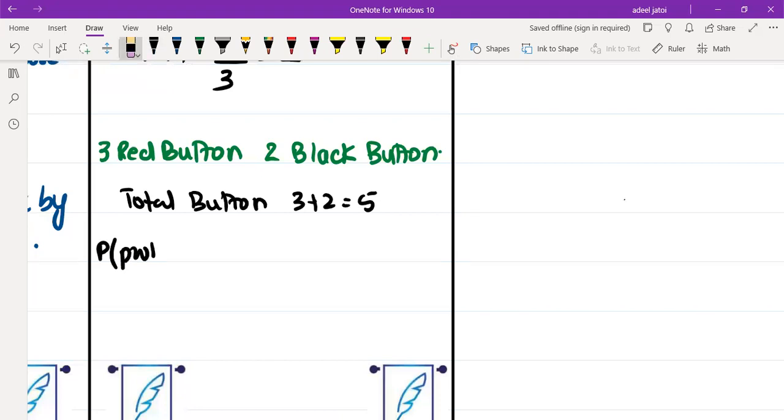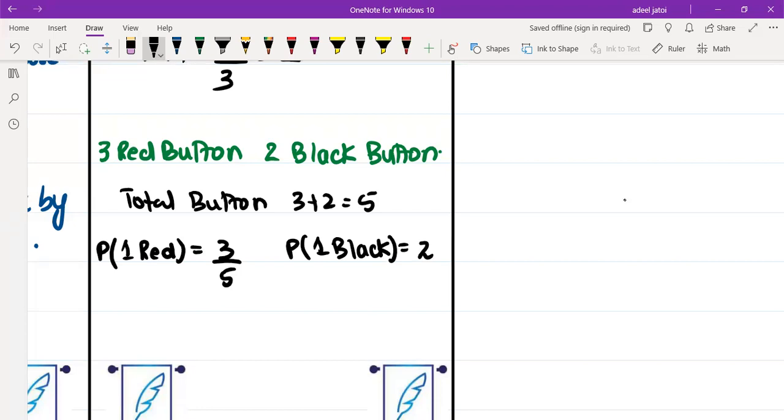Probability of choosing one red will be 3 upon 5, because you have 3 red buttons out of a total of 5 buttons. If I ask the probability of choosing one black button, we have 2 black buttons out of the total number, which is 5.